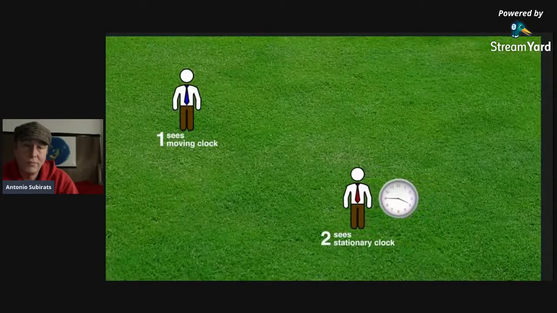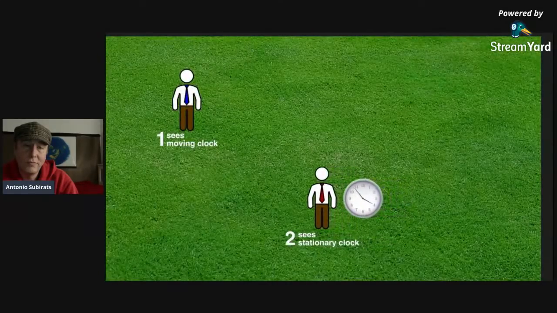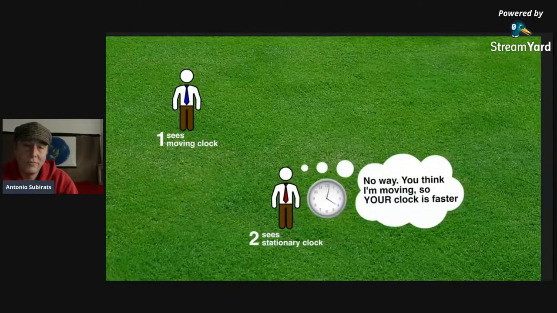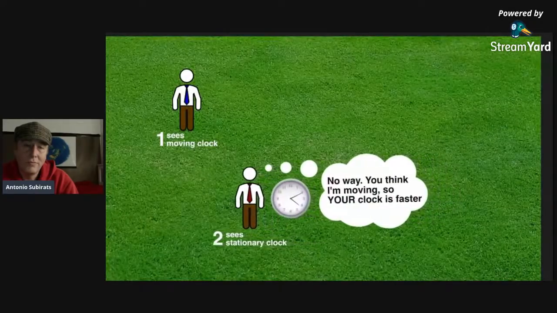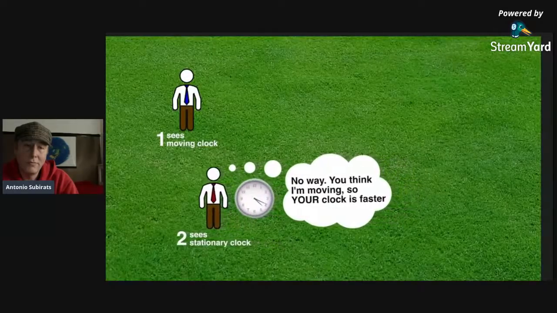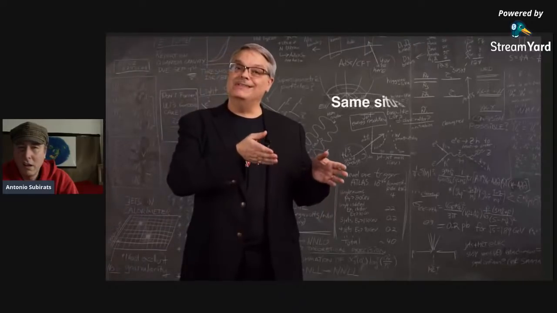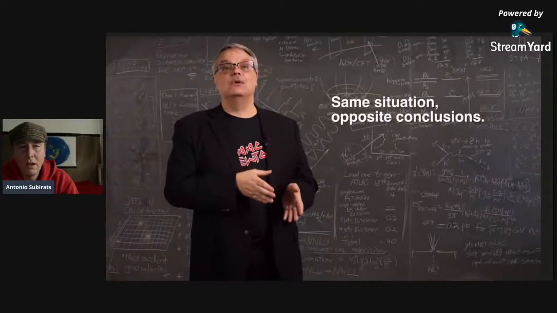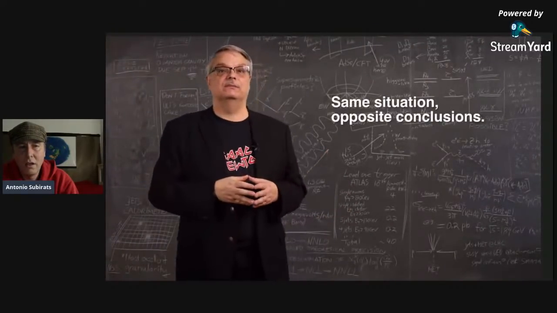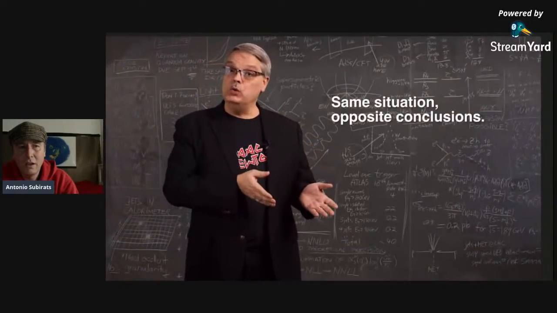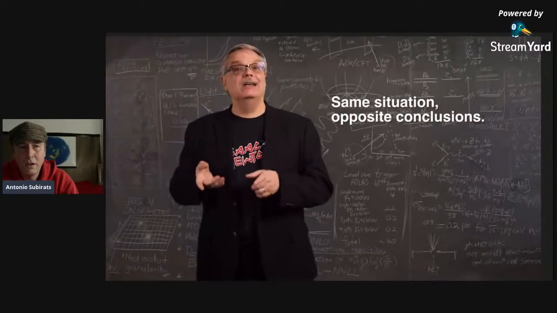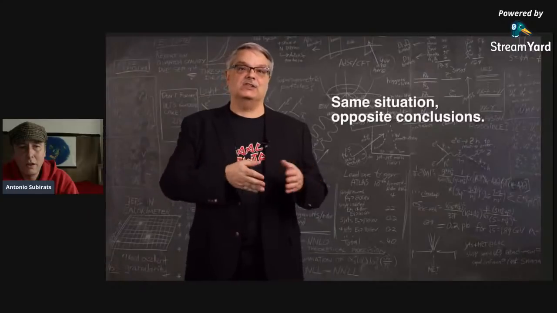Suppose that we say number 2 is stationary with respect to his clock, and number 1 says that the clock is moving. Then number 1 experiences a longer time. Okay, so this is a problem. If you pick person 1 to be the stationary with a clock, then person 2's clock ticks faster. If you pick person 2 to be stationary with a clock, then person 1's clock ticks faster.